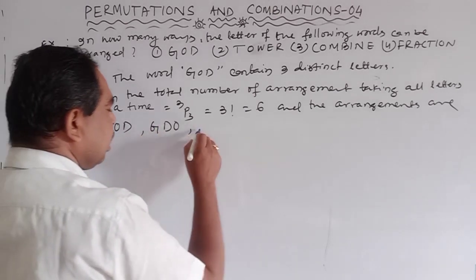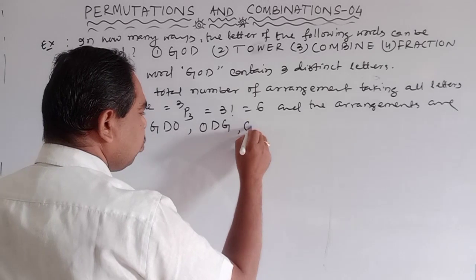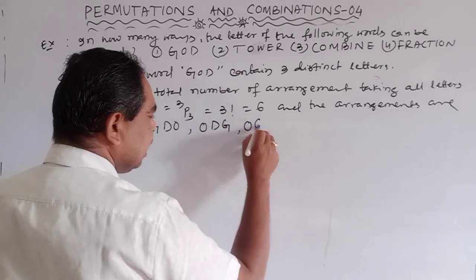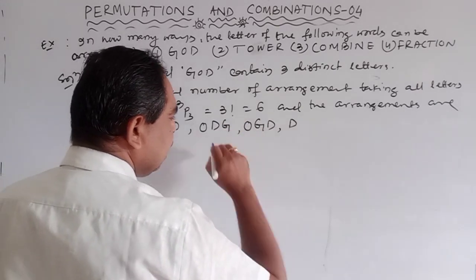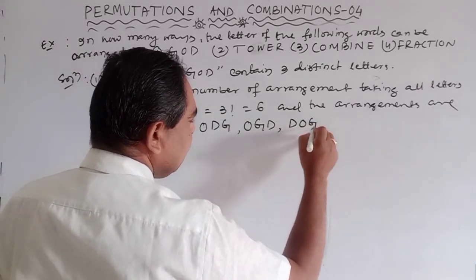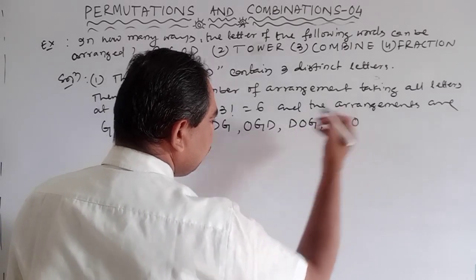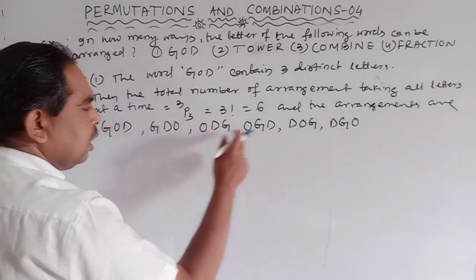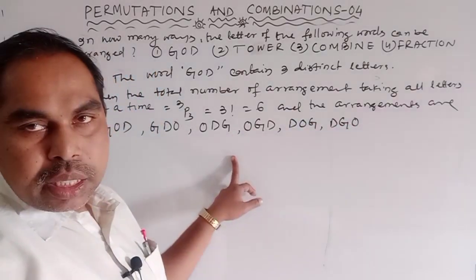In the second, letter O: ODG, then O fixed, DG interchange, OGD. Next, first letter is suppose D: DOG, then D fixed, OG interchange, DGO. So 1, 2, 3, 4, 5, 6. So these are the 6 arrangements.